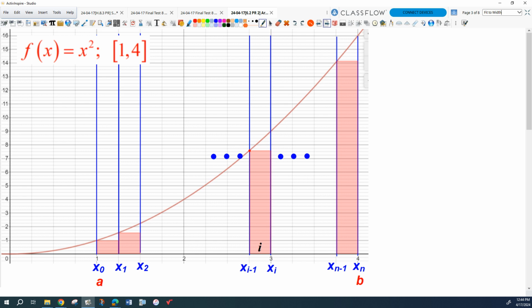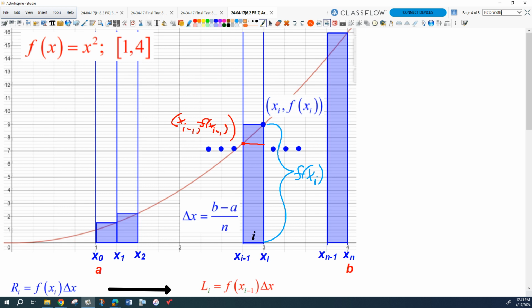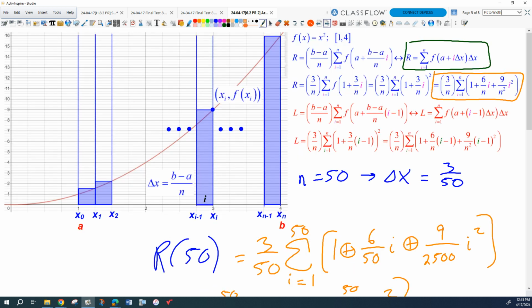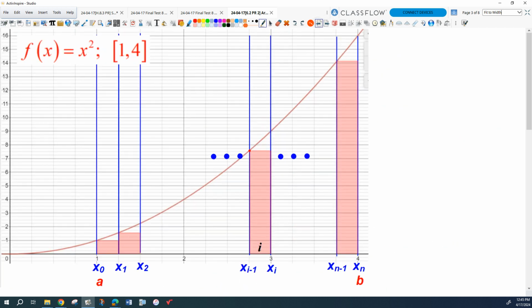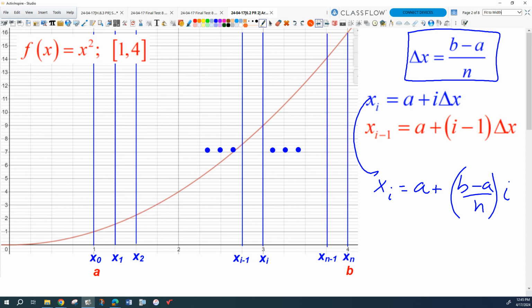And the other thing we talked about was, let's see, I think it was back here, yeah, right here. We said if we want to be able to identify the x value of the right edge of any one of those rectangles, to be totally general, we'll call it the ith rectangle.